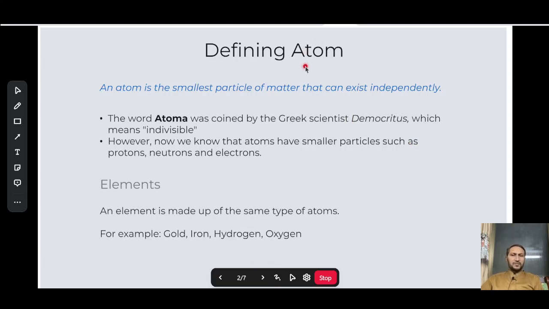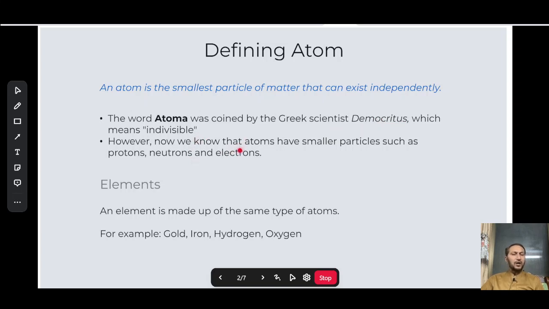Definition of atom. So, an atom is the smallest particle of an element that can exist independently. The word atoma was coined and was firstly used by Greek scientist Democritus, which means indivisible.